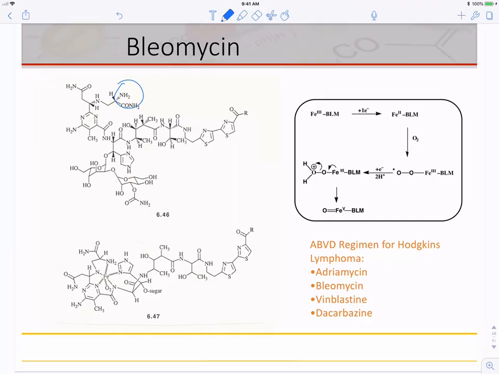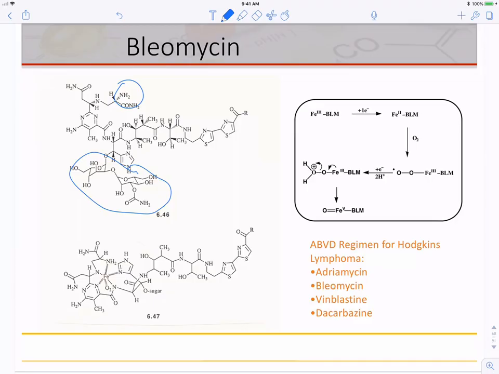But what I'd like you to consider is that we have glycans here, which are in charge both of uptake and also of helping with solubility and binding to DNA.